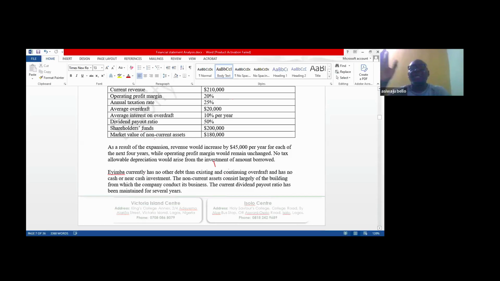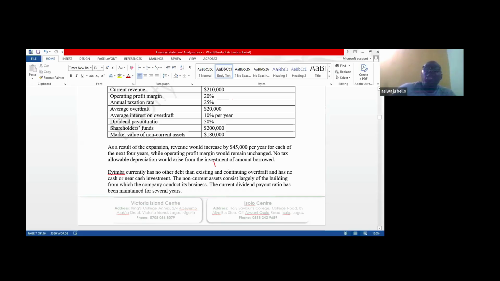Can you see that? The company does not have debt other than the existing and continuing overdraft. What that means is that no long-term debt.